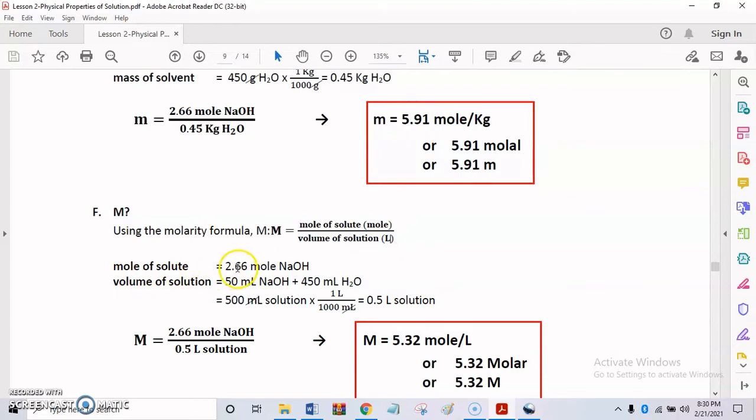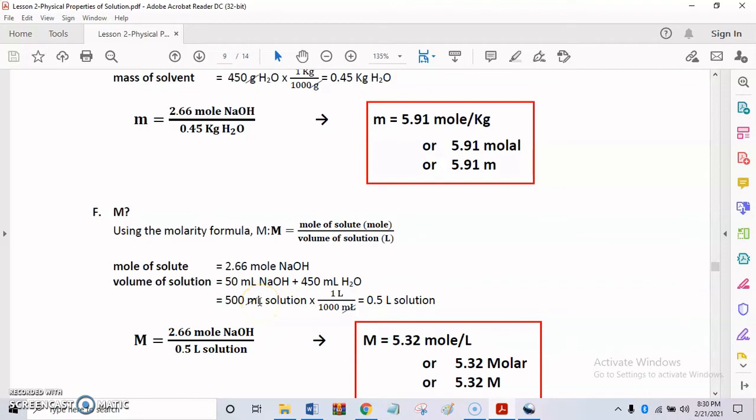So mole of solute is 2.66 moles sodium hydroxide, and the volume of solution is 50 ml ng sodium hydroxide and the 450 ml of water. Ito siya is computed na natin to, diba kanina? It is equals to 500 ml solution.